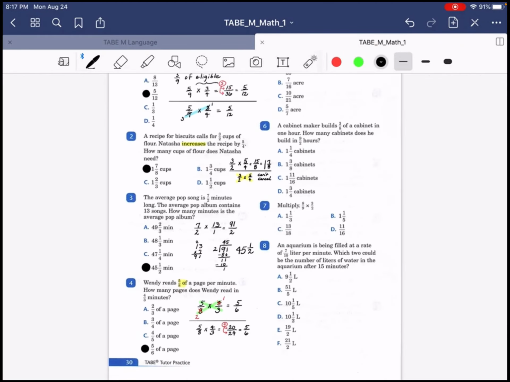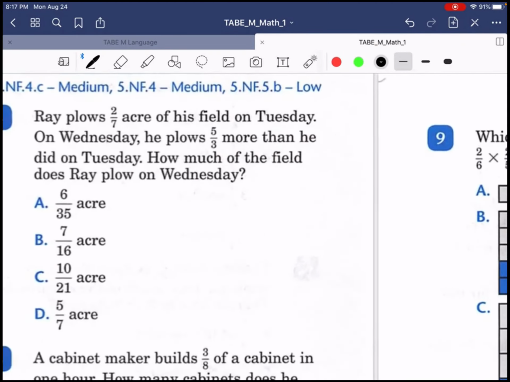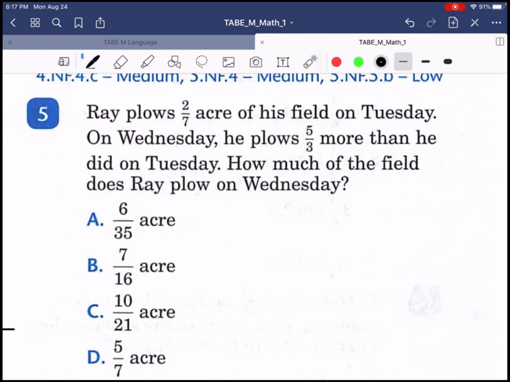And we're moving to number 5. Ray plows, whoa, that's making me seasick. Ray plows 2/7 acre of his field on Tuesday. On Wednesday, he plows 5/3 more than he did on Tuesday. How much of the field does Ray plow on Wednesday?